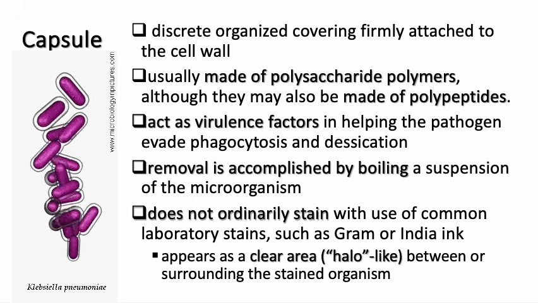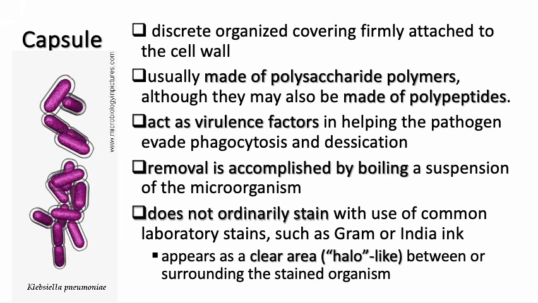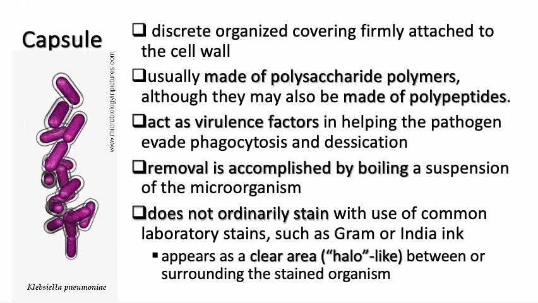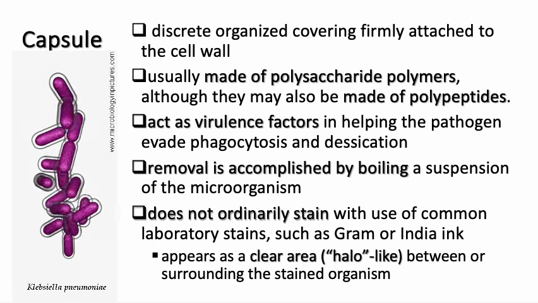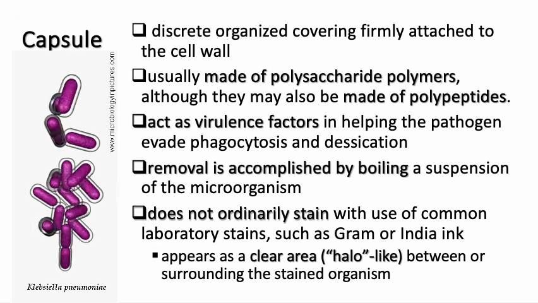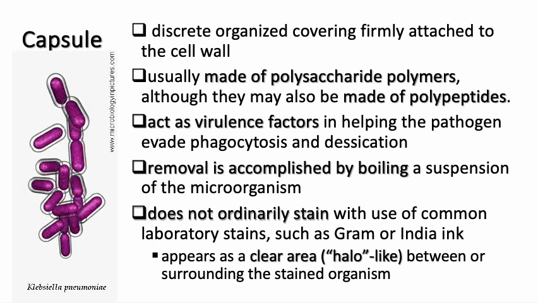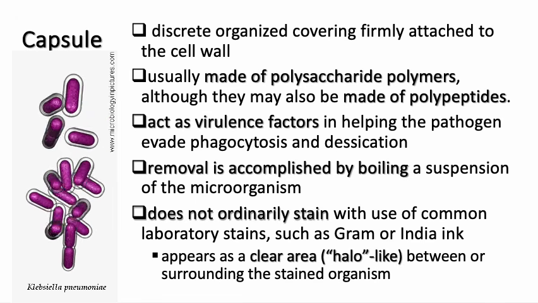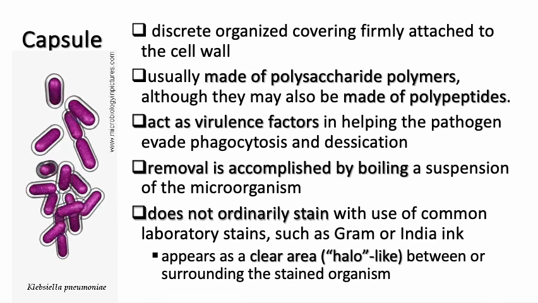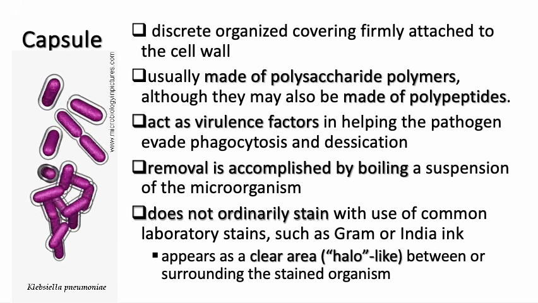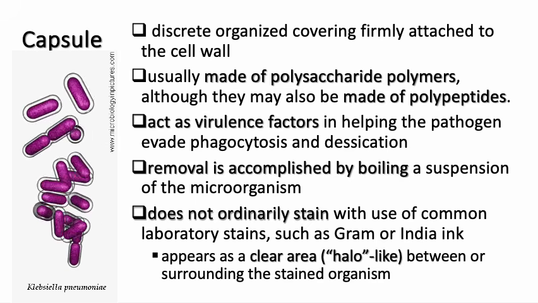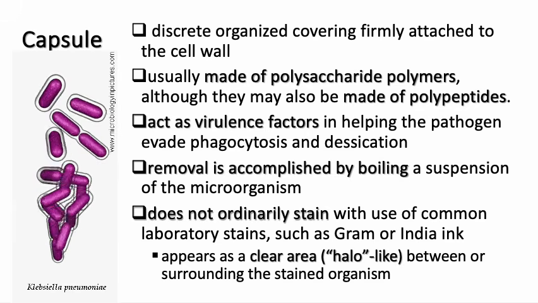Okay? So it does not ordinarily stain with common laboratory stains such as Gram stain or India ink. So we have special stains that are used to characterize the capsule. One example is Hiss's method of capsule staining. In Hiss's method, the capsule appears as a clear halo surrounding the stained organism.